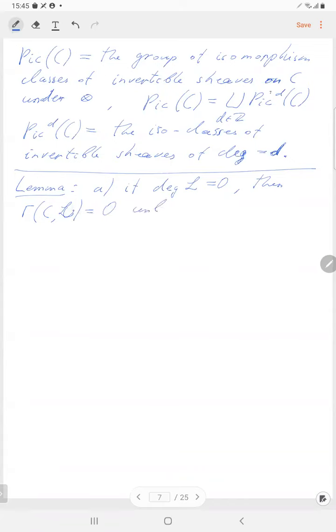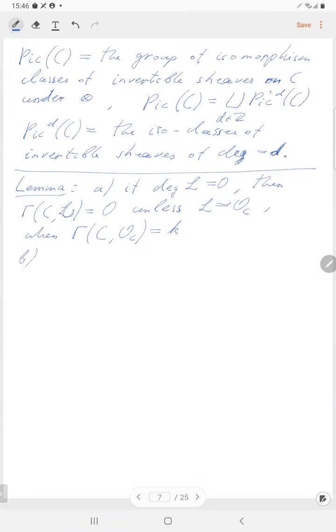unless this invertible sheaf is trivial, and then the global sections of the structure sheaf are certainly the base field. We already know this.